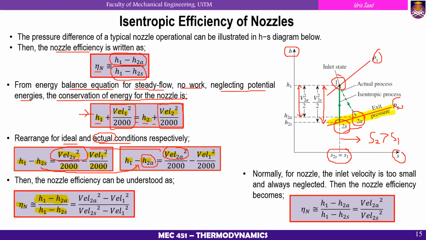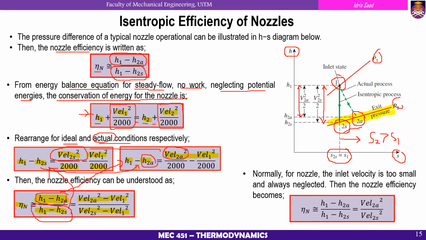We have defined earlier that H1 minus H2A is this one, which is actually velocity 2A power of 2 minus velocity 1 power of 2. Similarly, H1 minus H2S we have defined here as velocity 2S power of 2 minus velocity 1 power of 2.